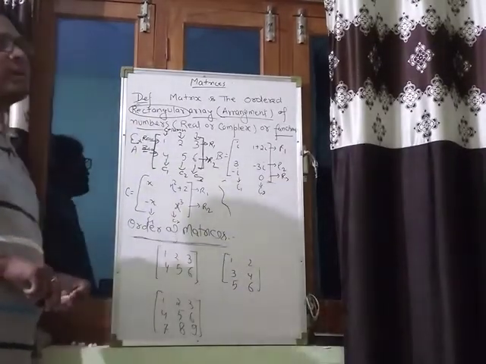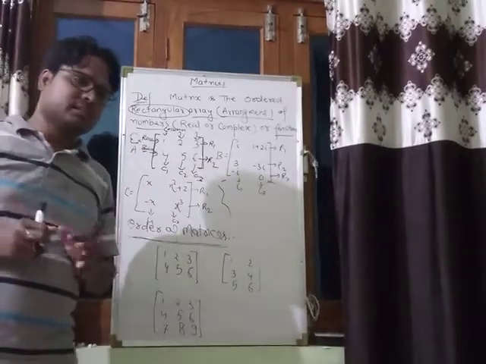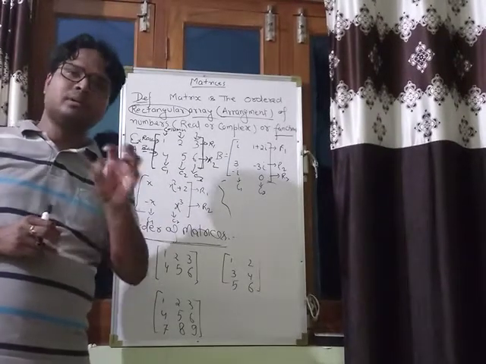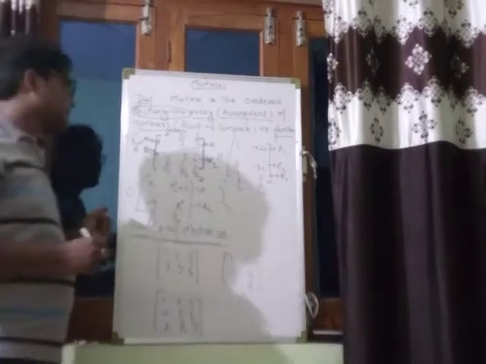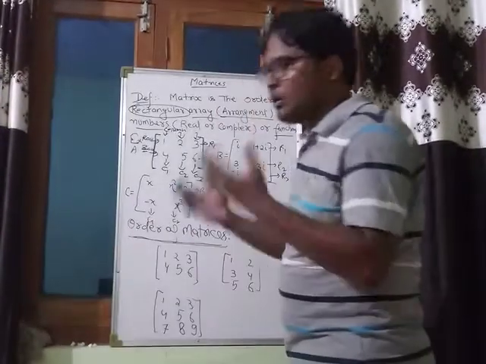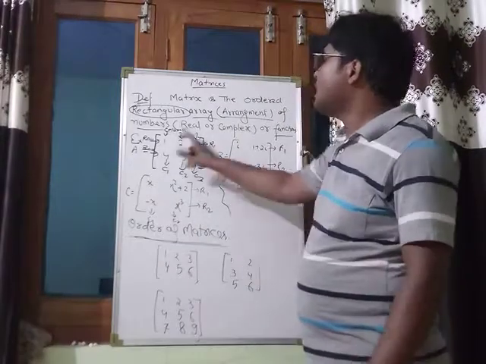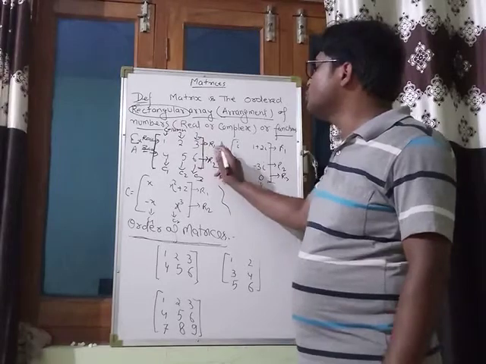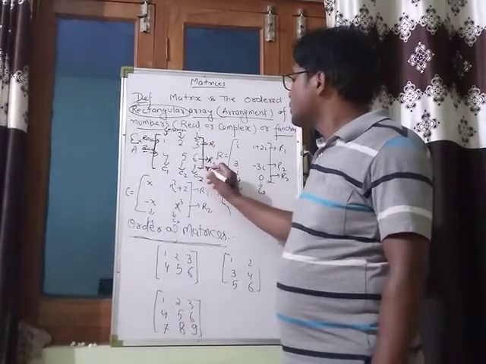What is the order of a matrix? See, any matrix has a particular order, and that is defined as row by column. Row by column means, for this matrix, how many rows are there? 2 rows. And how many columns? 3 columns. Row by column.